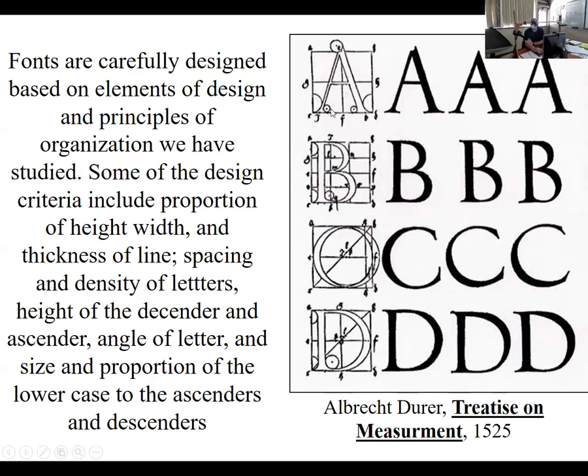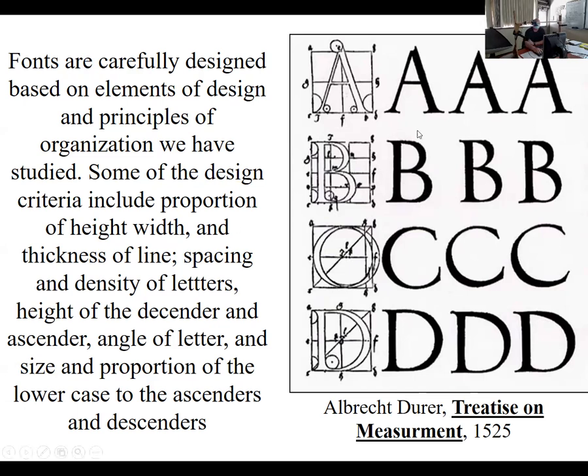There's 2 different size circles there, 2 different radii measurements, two different size curves for just the transition from the leg of the A into the serif of the A. And so everything in the letter has that much thought and measurement and attention to proportion that goes into it, so that all of the letters really go together as an alphabet, as a particular font, and they have a certain look, a certain set of proportions that they work with.